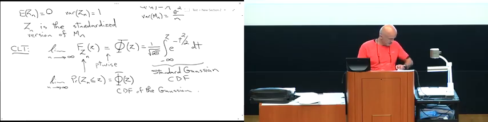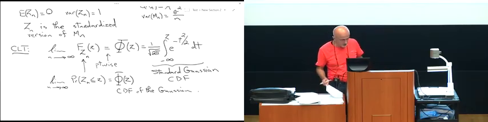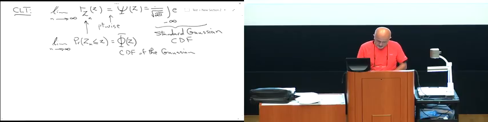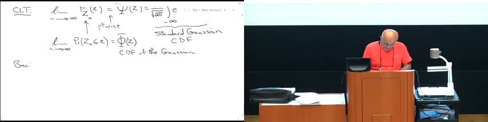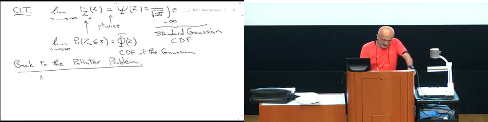Okay. I think we'll have just enough time to set up the Polster problem for the CDF solution. So back to the Polster problem. So we have our sample mean of the people we've asked.